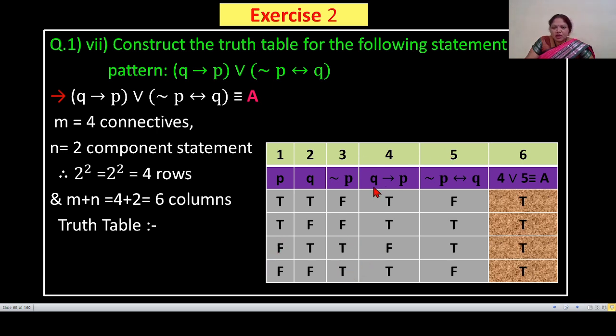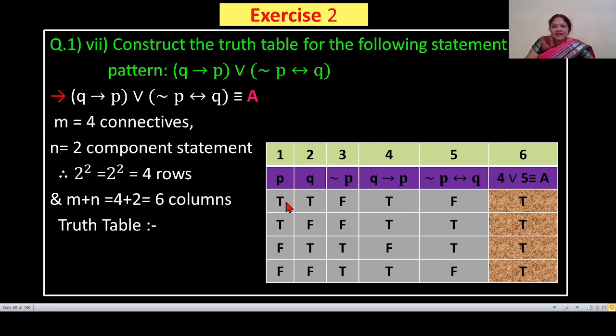Fourth column is Q implies P. Q means second column and P means first column. Here first statement is Q. And we know that implication is true in all cases except when first statement is true and second statement is false, then their implication is false.